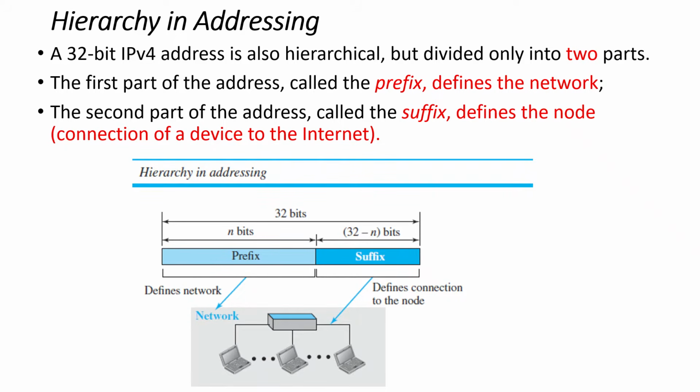So the prefix refers to the net ID and the suffix defines the host ID. Totally we have 32 bits, so n bits are used to represent the prefix, the network ID, and the remaining 32 minus n bits are used to represent the suffix, the host ID.